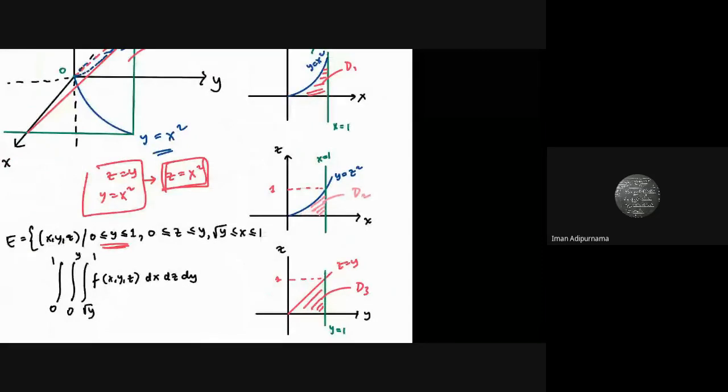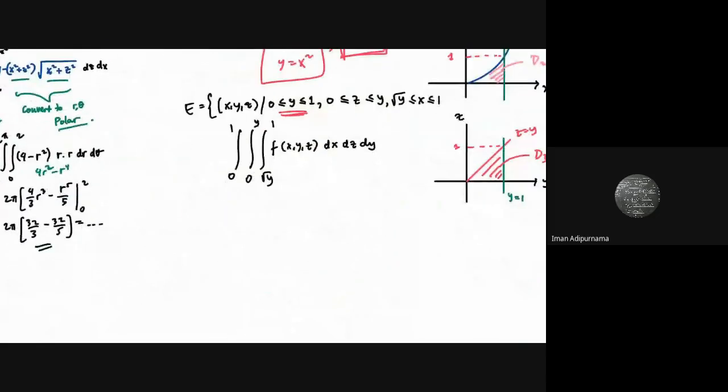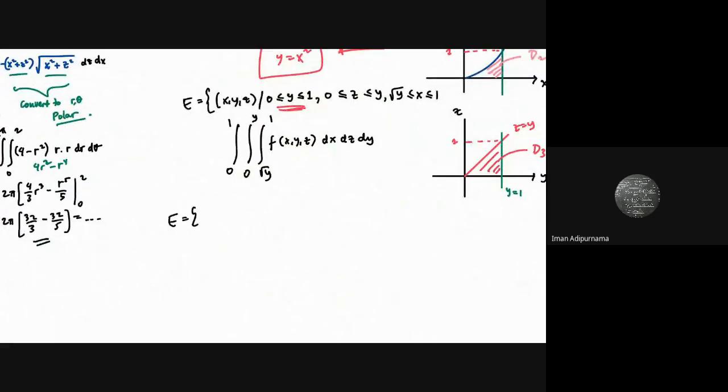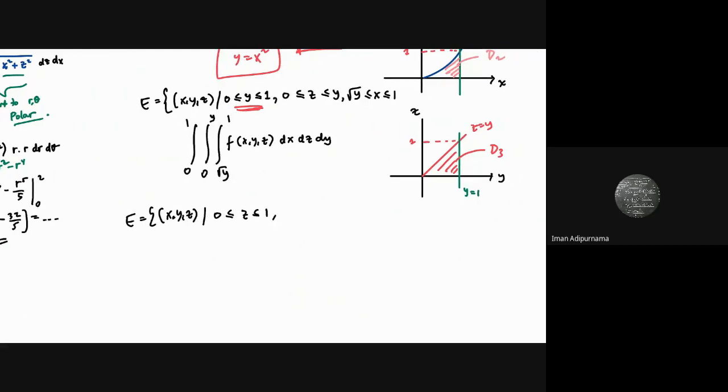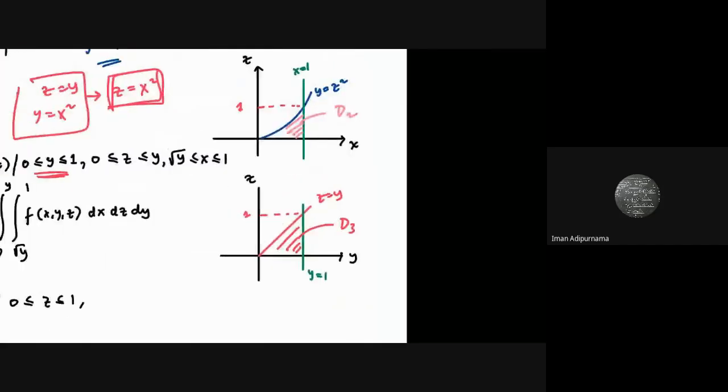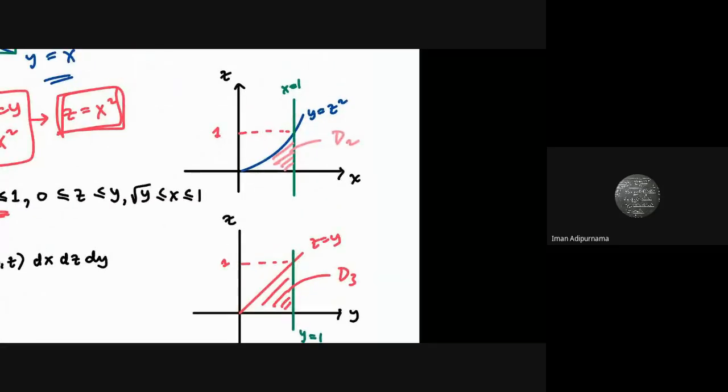Okay, we can write down the E. So first, z is from 0 to 1. And then we need to take the x, right? We need to take the x.